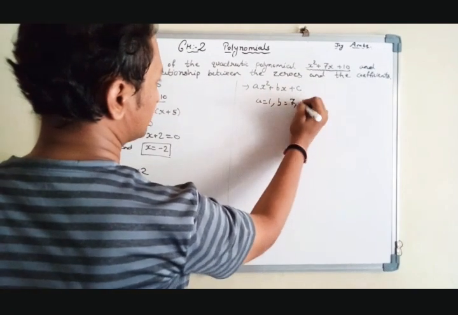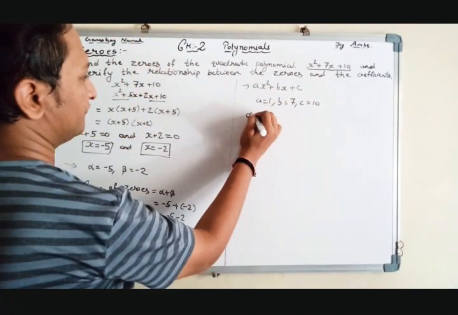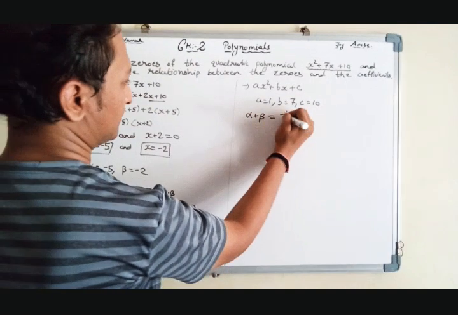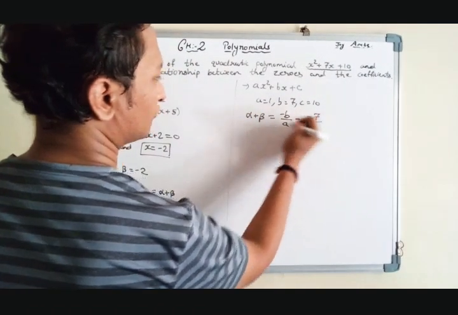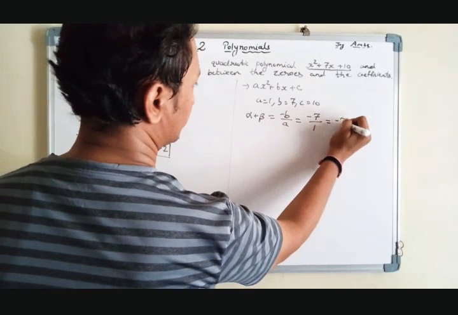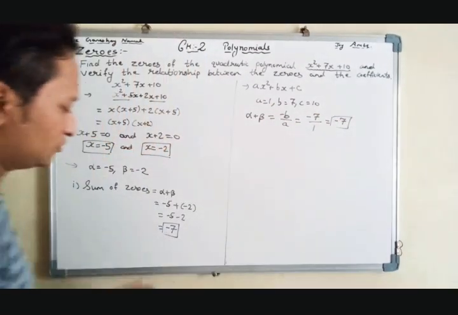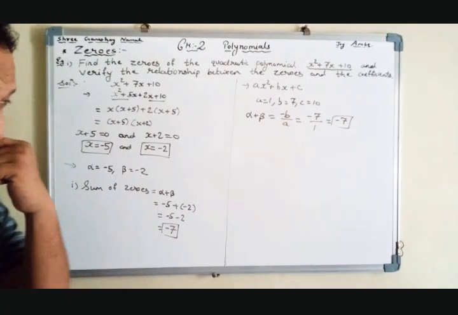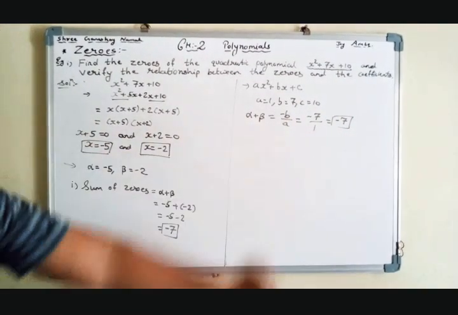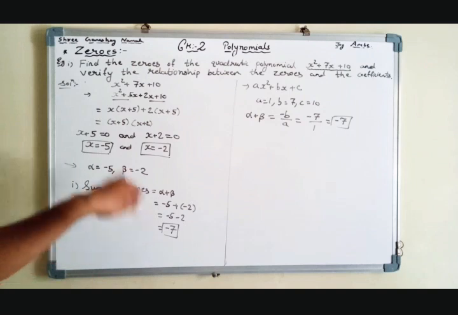What is c? 10. So alpha plus beta equals minus b by a, minus 7 upon 1, that is minus 7. So you see, minus 7 and minus 7, LHS and RHS both are equal. So sum of zeros is verified.